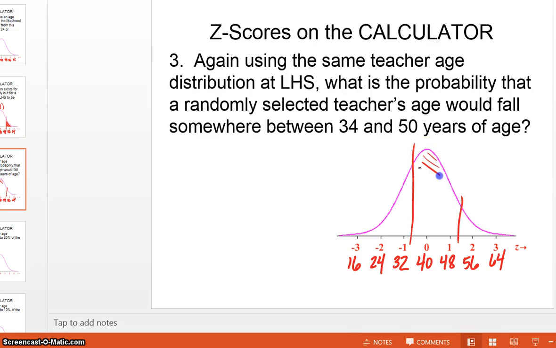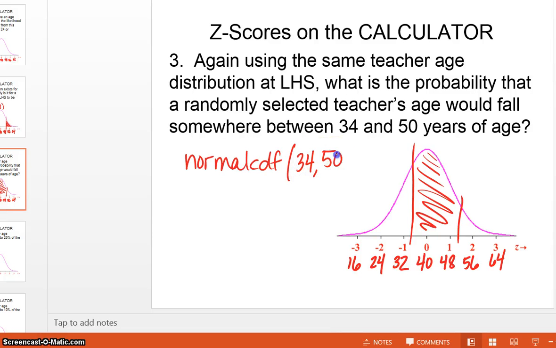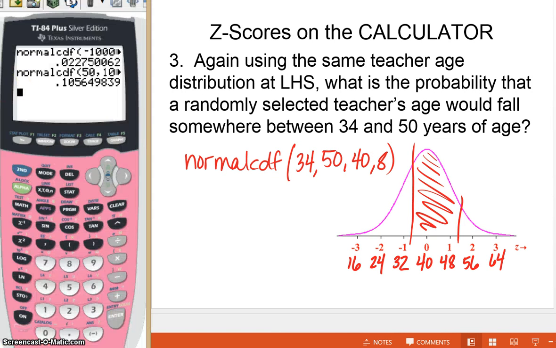So we want this area right in here. So we're going to go to normal CDF. Lower bound is 34, upper bound is 50, mean is 40, standard deviation is 8.